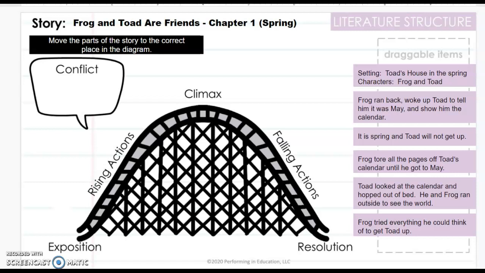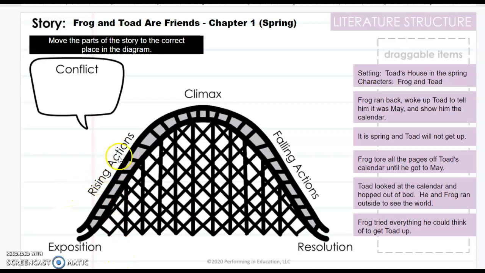Sweet little story about friends. Now let's take a look at the pieces of the literature structure, and we're going to put them in the correct places on my diagram. Remember, the conflict is the problem in the story. Exposition is going to be the setting and the characters.